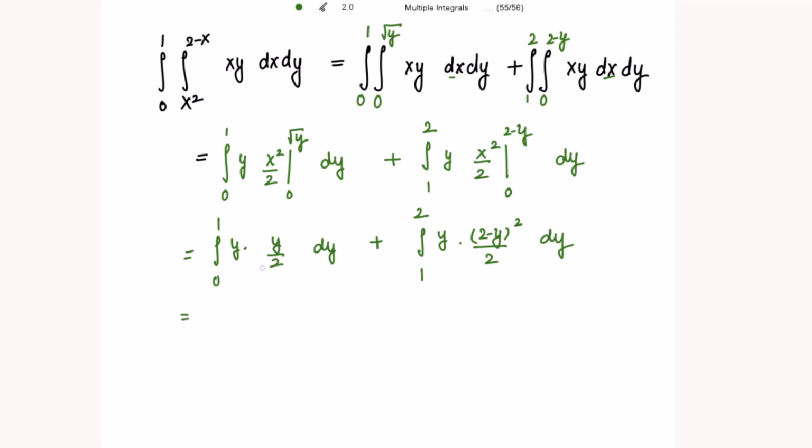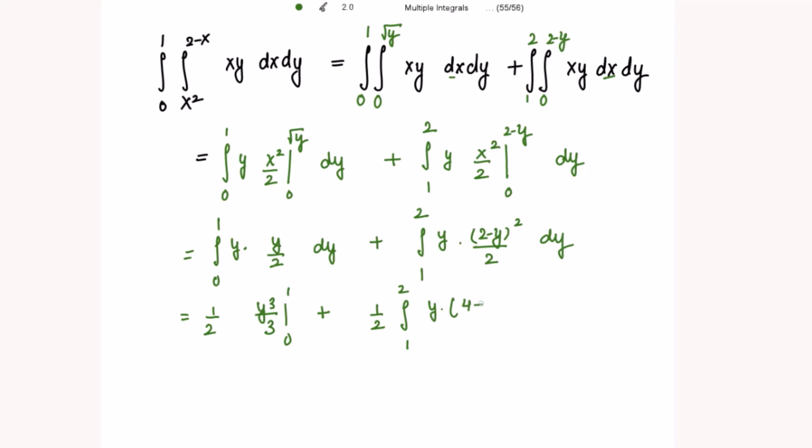So this is equal to, now half can be taken outside. This becomes y square, and integration of y square is y cube over 3 from 0 to 1, plus taking 1 by 2 outside and multiplying these two from 1 to 2. Just multiply these two first. I'm writing y, opening this.